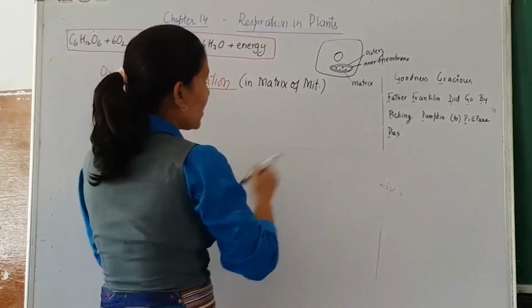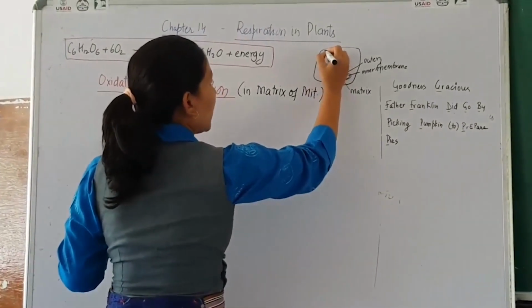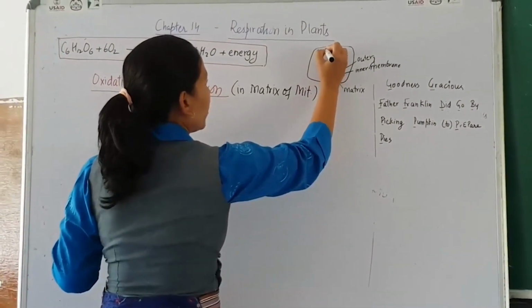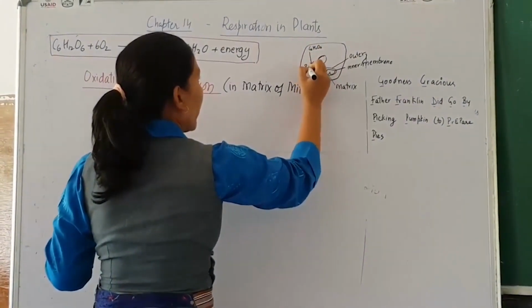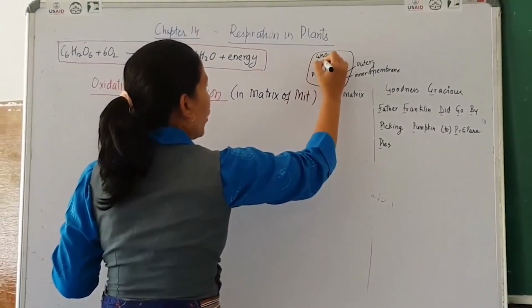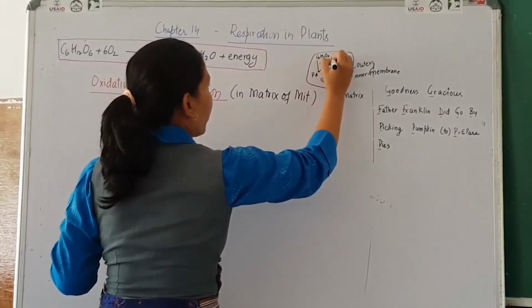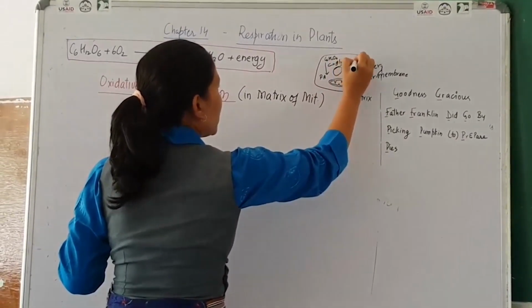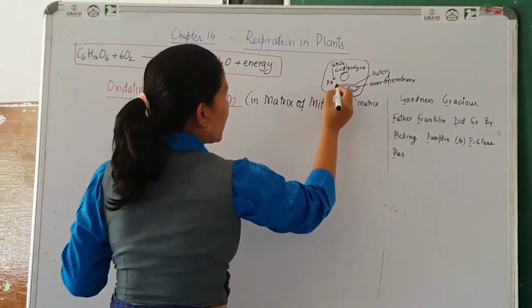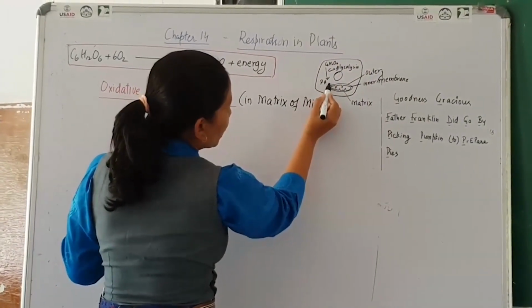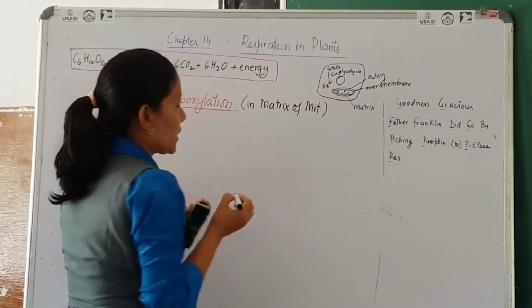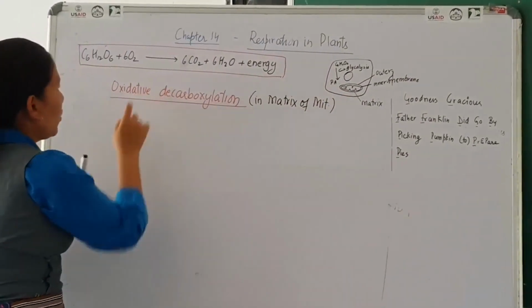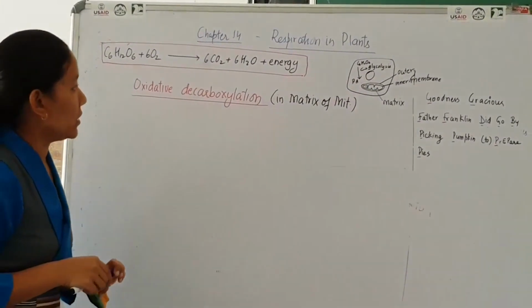So here what happens is glucose, that is C6H12O6, is converted into pyruvic acid by a process of glycolysis, and this pyruvic acid must be transported into the matrix so that oxidative decarboxylation occurs.